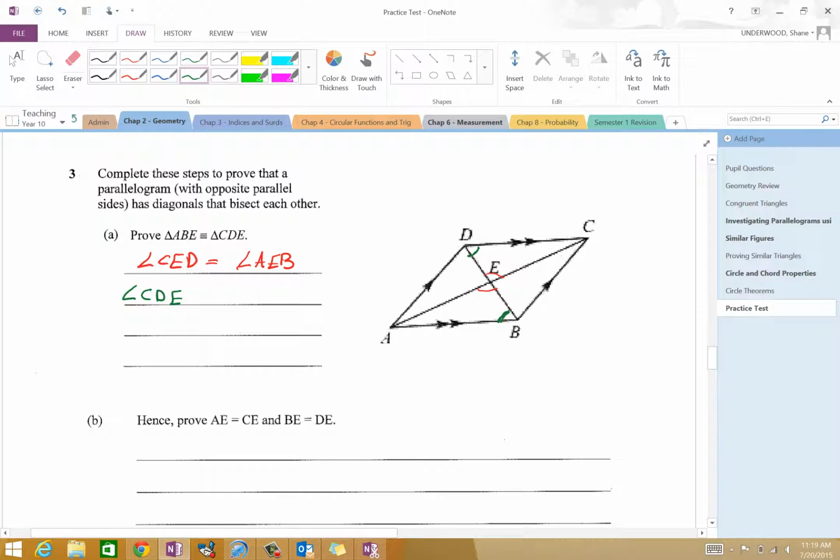So angle CDE is equal to angle ABE because they are alternate. Let's do a little Z. So the first angle, that is vertically opposite. Yep, that's exactly right.